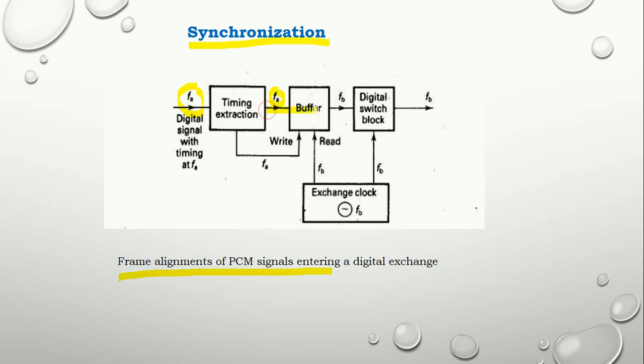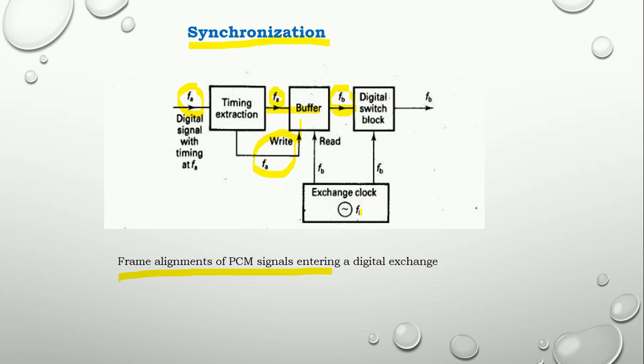One is directly connected to the buffer, that means just a connection, and in the second one you are writing the same frequency inside the buffer, and afterwards the output of the buffer changes its frequency to FB, and again it is connected to the digital switch block, and the output is FB.